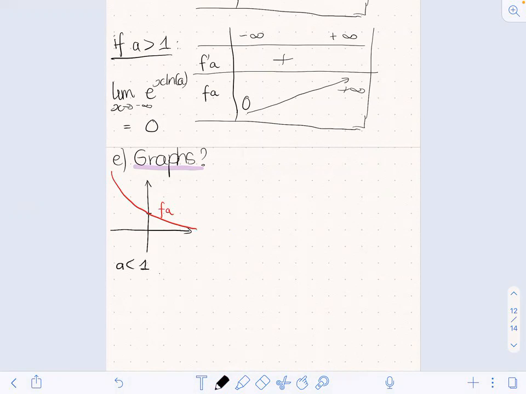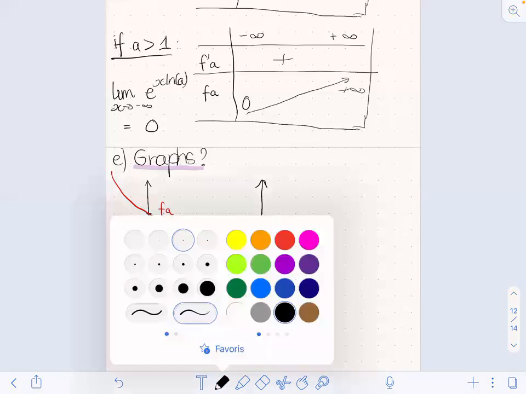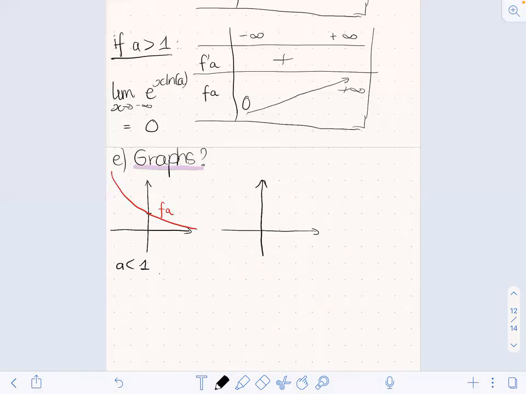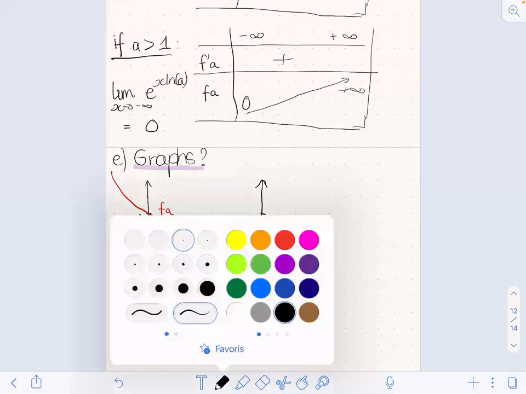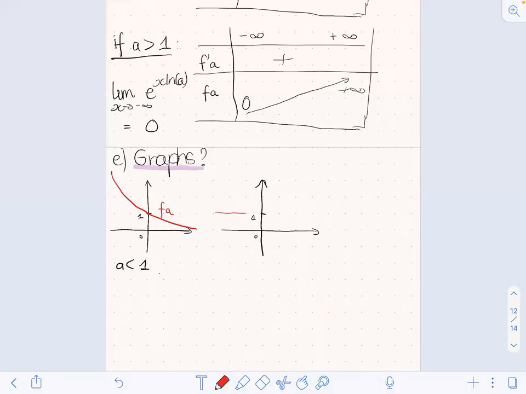When a is equal to 1, we'll get this. So if I put 1 here, 1 here again, and 0 and 0. In this case, the function is just a constant mapping.